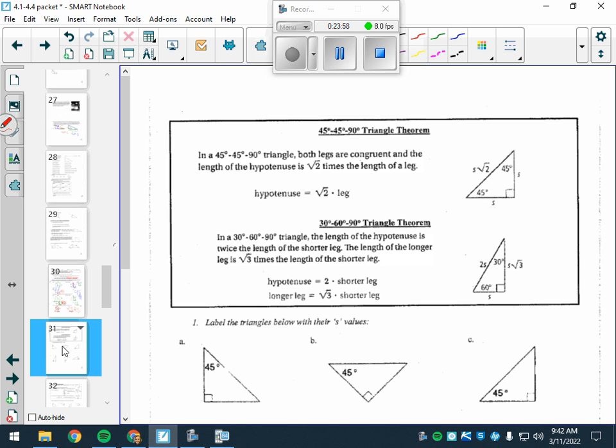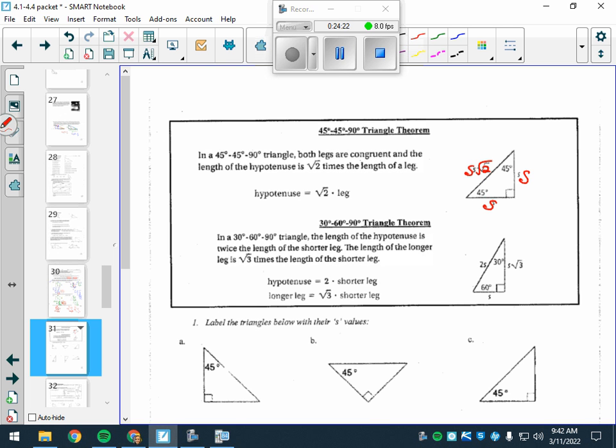It's not the best variable, I admit it, because sometimes it looks like 5s. But we're going to go with S, okay? Sometimes I try to curl my S a little bit just so that it doesn't look like a 5 as much, but we've got the two shorter sides across from the 45s are S. The hypotenuse, S root 2.